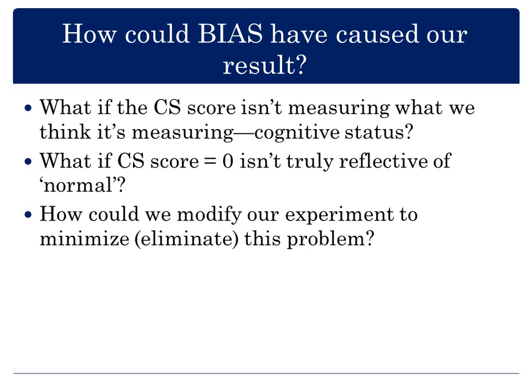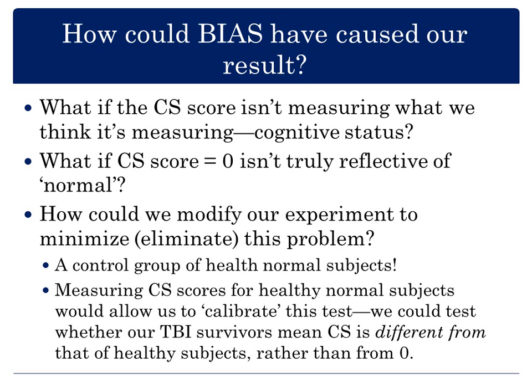Healthy normals, right? If we actually had another random sample of healthy normals and we used this CS score on those healthy normals, and then we compared the average CS score in TBI survivors with the average CS score of our healthy controls, then we've eliminated that problem, right?